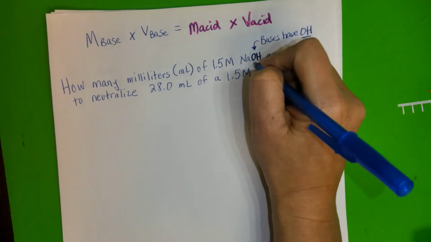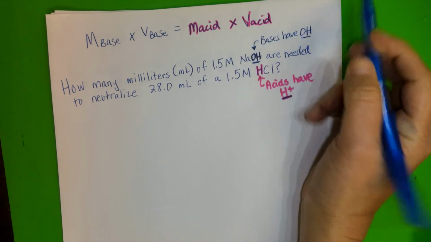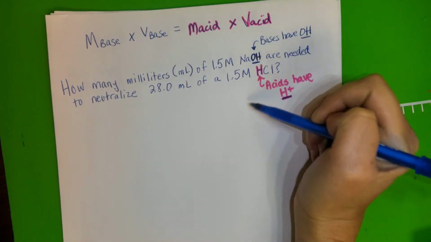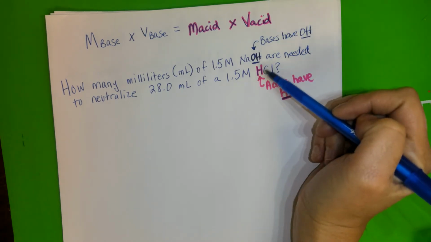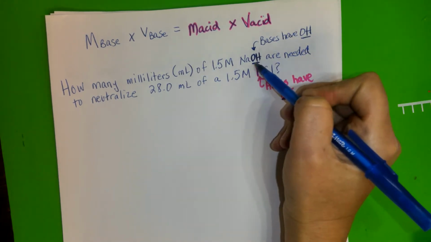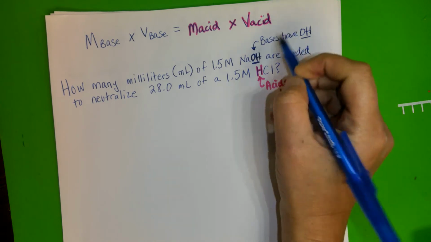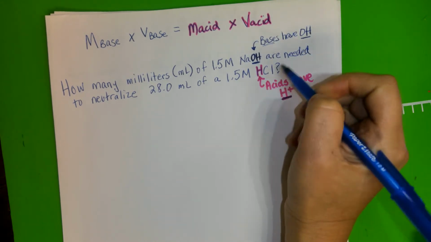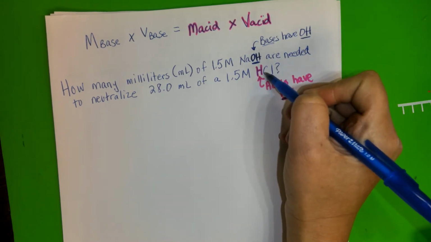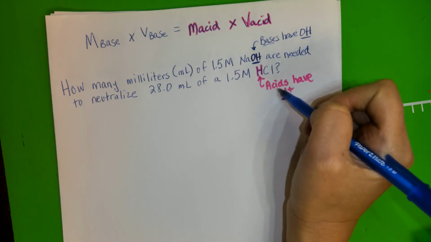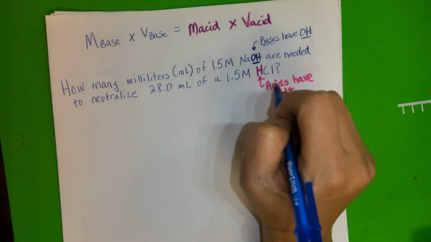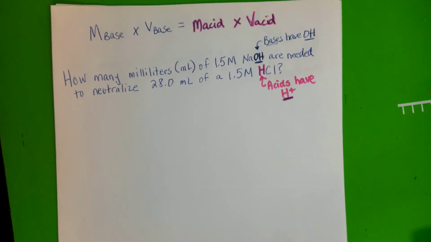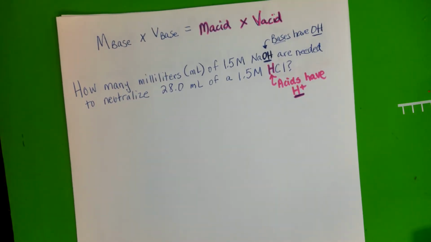You're supposed to identify which is your acid and which is your base. So you look at the compounds, and the OHs will be your base, and the hydrogens are going to be your acids. Just a quick refresher. We have talked about this before.